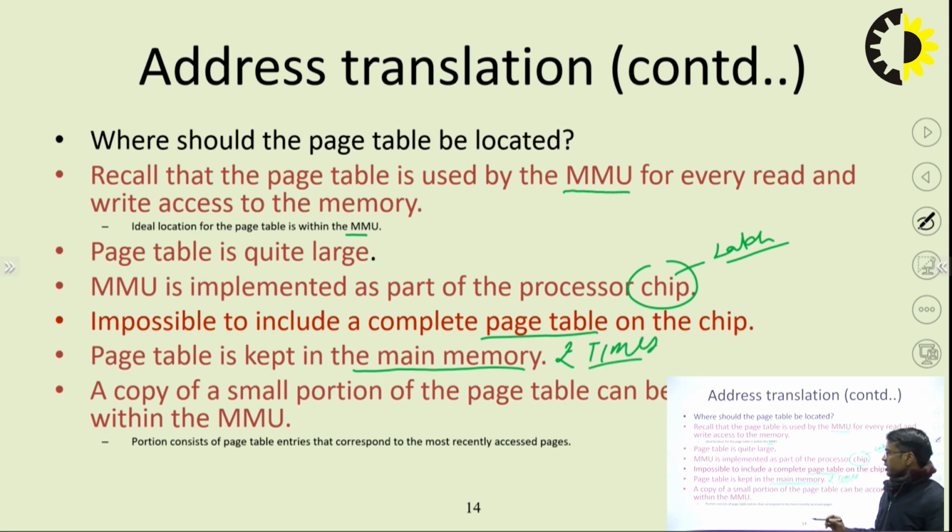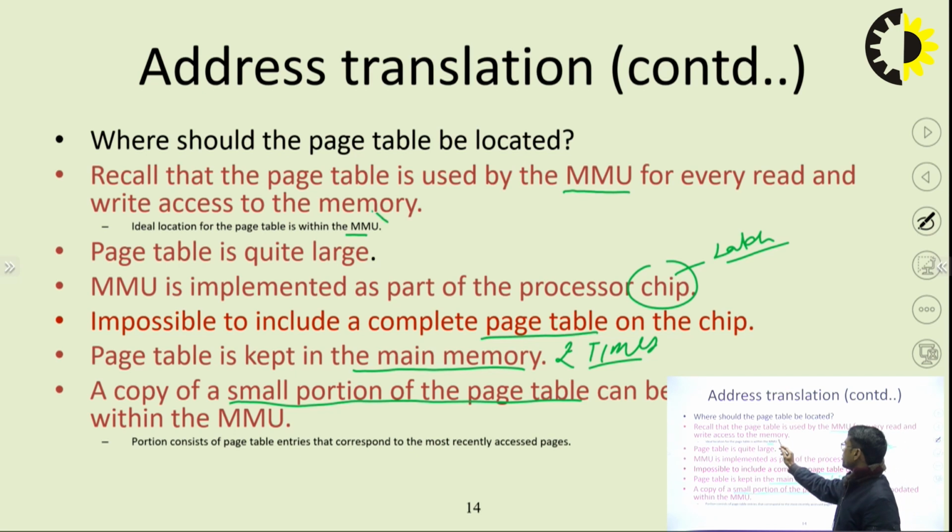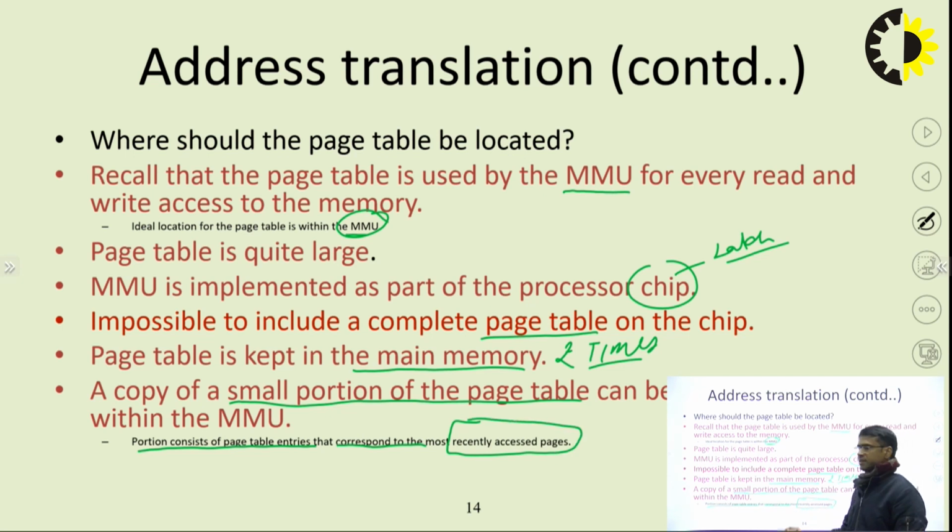So, actually a copy of a small portion of the page table is kept in the memory management unit. Which particular portion? The portion of the table which has recently been accessed.